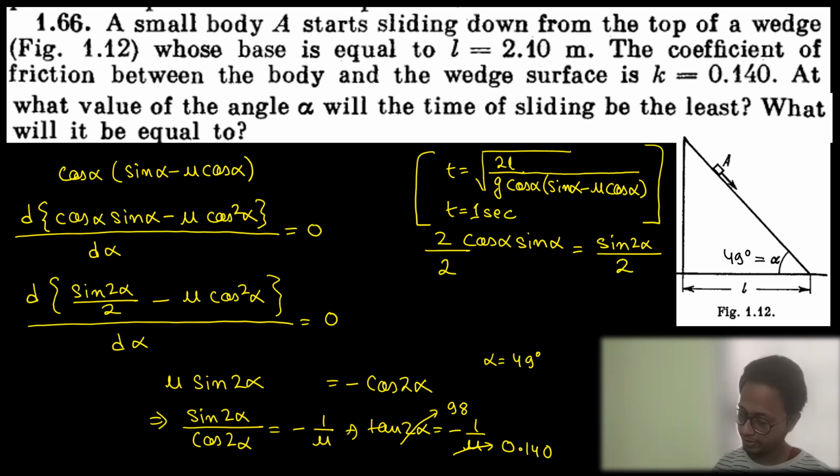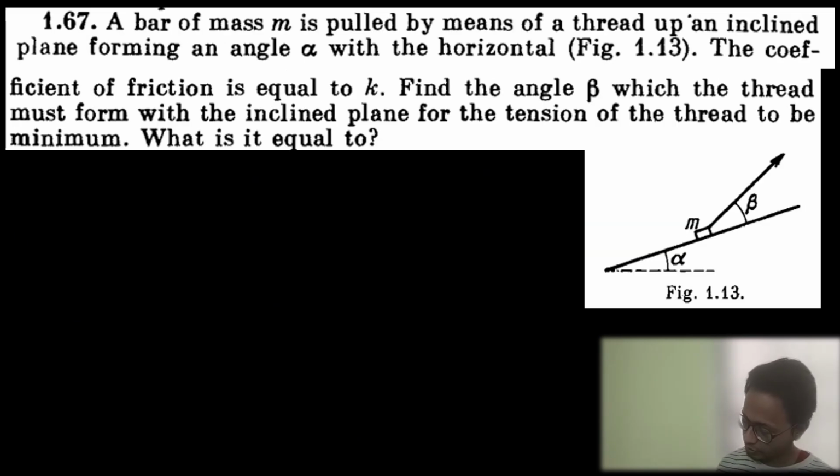In this question, there is a block kept out here on an inclined plane with angle alpha, and this block is being pulled by a rope of tension T. The question says to find the value of beta so that this T, the tension of the rope, is minimum for this block just to start sliding.